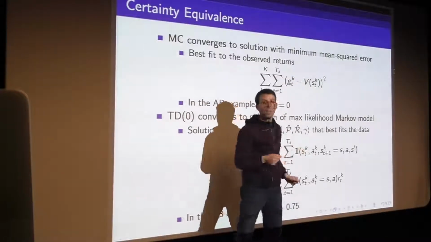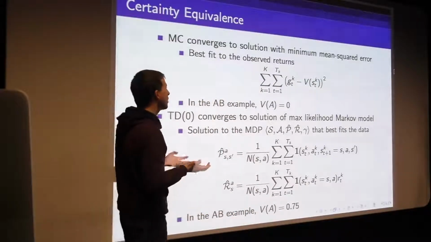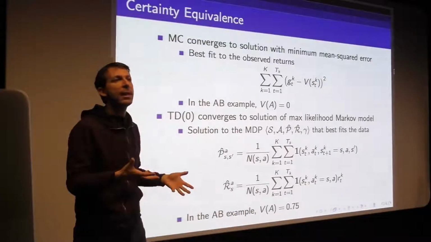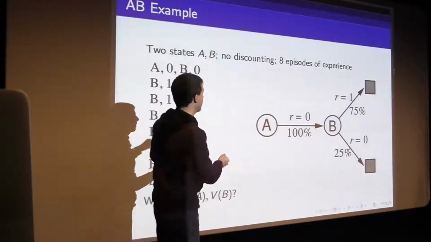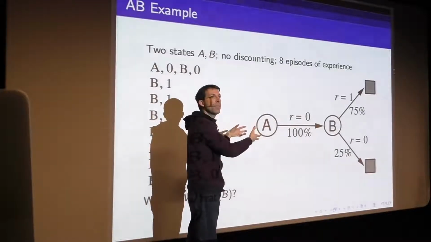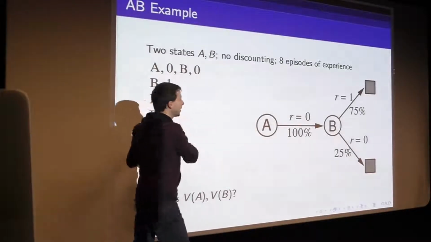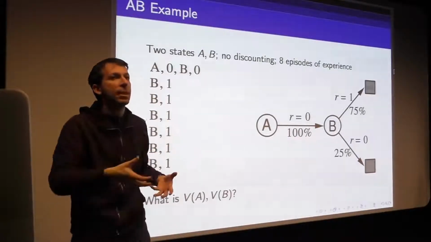Whereas TD(0) actually converges to the solution of the MDP that best explains the data. So implicitly what TD is doing is it first fits an MDP, and then it solves for that MDP. Whatever data you've seen so far, it will find the solution to the maximum likelihood MDP model that explains that data.